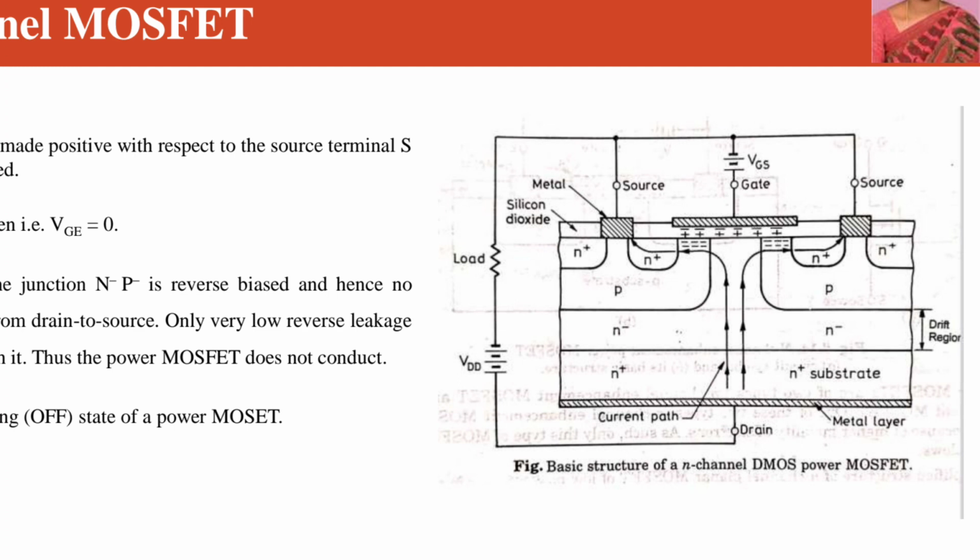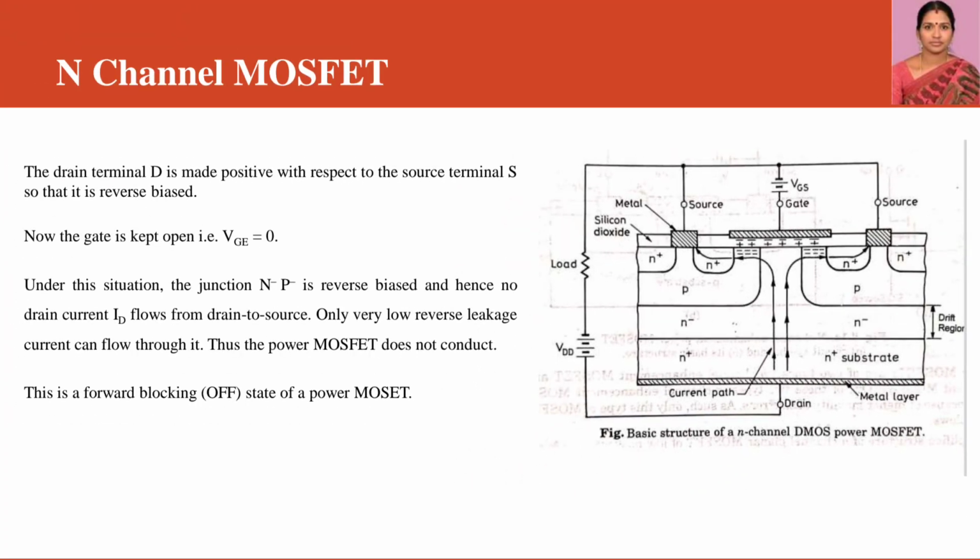This electric field attracts the electrons from the P region and also from the N plus region. This forms the N layer below the silicon dioxide layer. So this N channel is used for current flow from the drain to source. In this way, the power MOSFET also works.